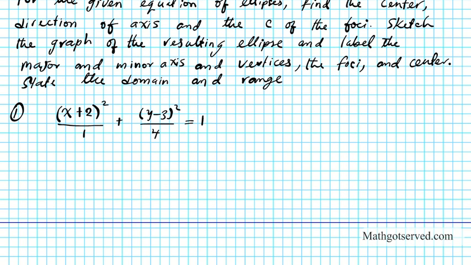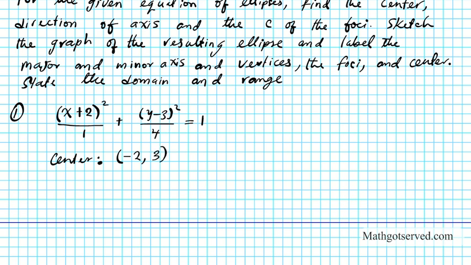Okay, so the first thing we want to do before we start graphing, we need to find the center. So to find the center, for the x-coordinate of the center, you take the opposite of the number next to the x, which is -2, and then for the y-coordinate of the center, you take the opposite of the number next to the y, which is 3.